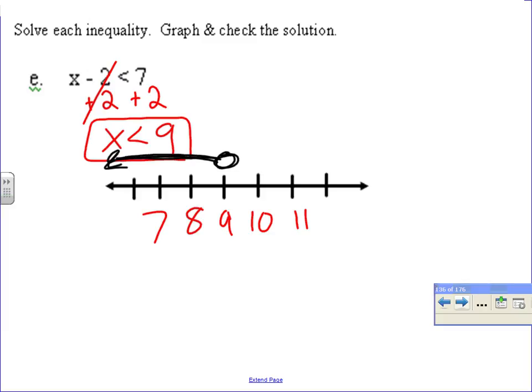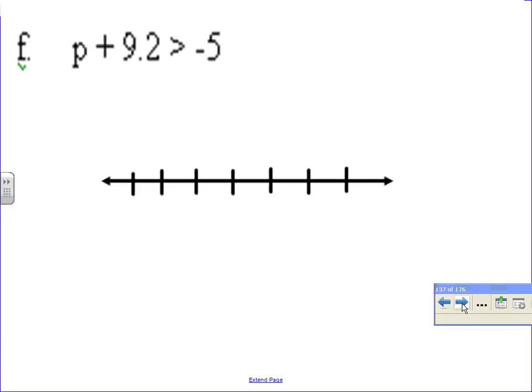You mean 4 inequality symbols? No. That's algebra 2. Okay, letter F. I want you guys to do F and G. Do not do H. So try F and G. I want you to solve and graph. Do not do H, please, because there's something I have to tell you about that one.